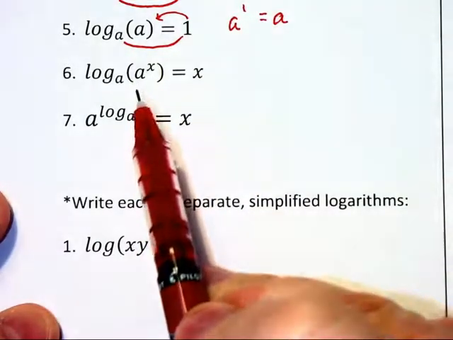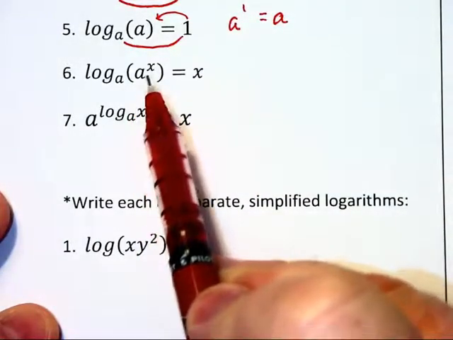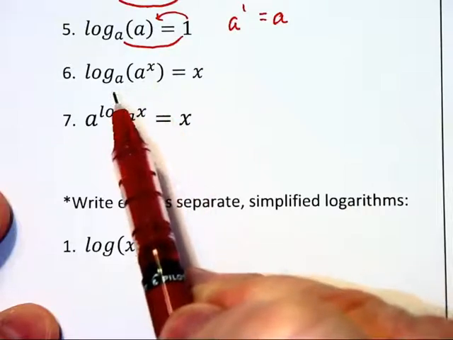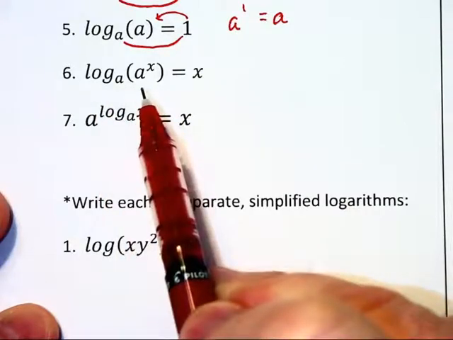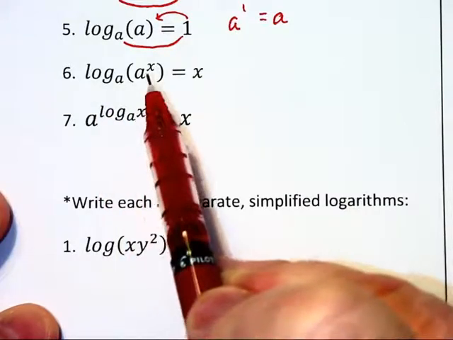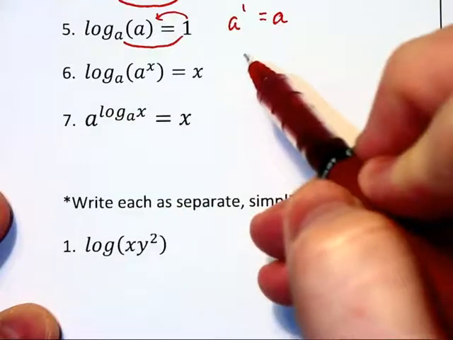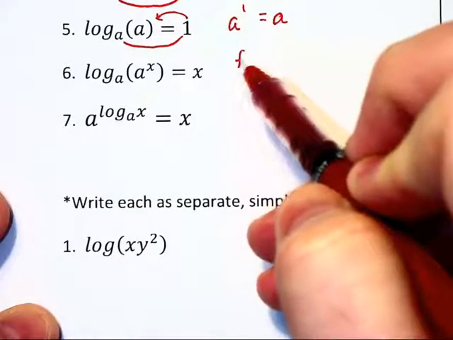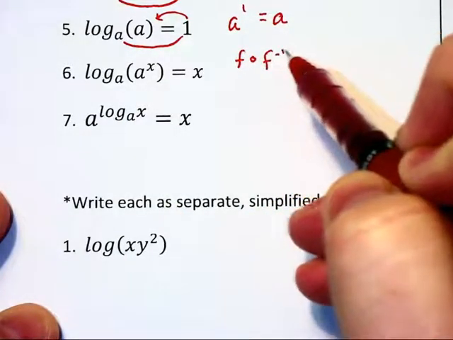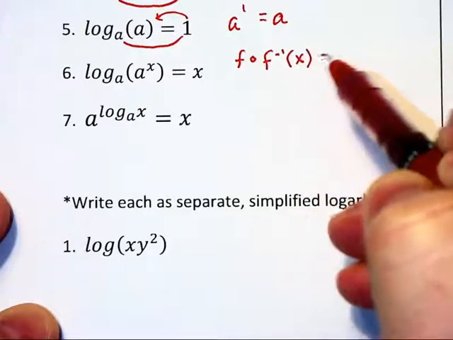Basically, we have an exponential expression being substituted into a logarithmic expression, with the base of the exponential equation the same as the base of the logarithmic function. Now we know that when we have inverses, f composite f inverse of x should equal x.